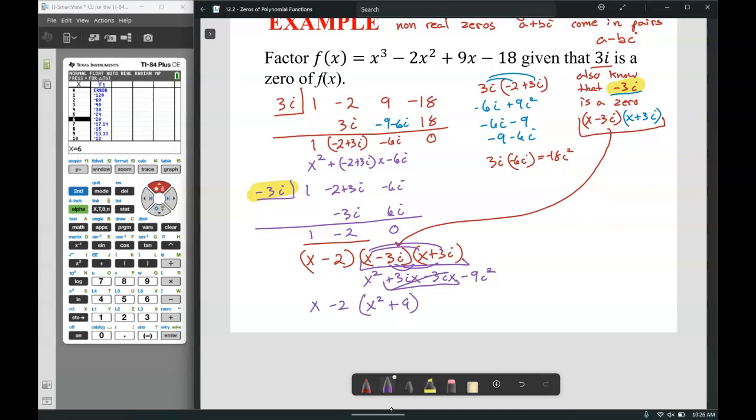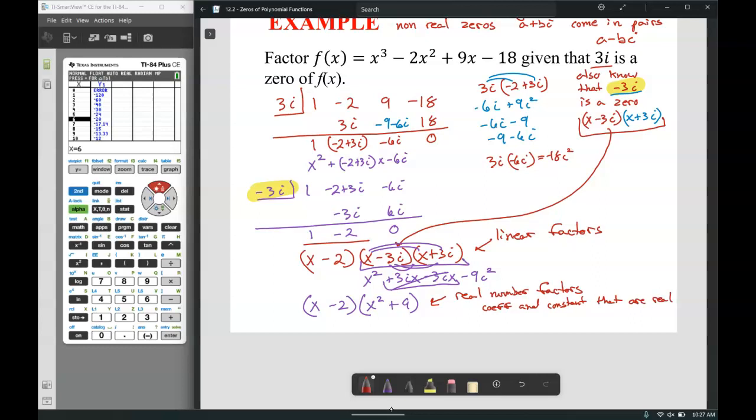So if we wanted it factored with our real factors, we would have x minus 2 and x squared plus 9. So it just depends on what the question wants, whether it wants the linear factors. We call these linear factors. And these are going to be real number factors, where we're looking at coefficients and constants that are real.